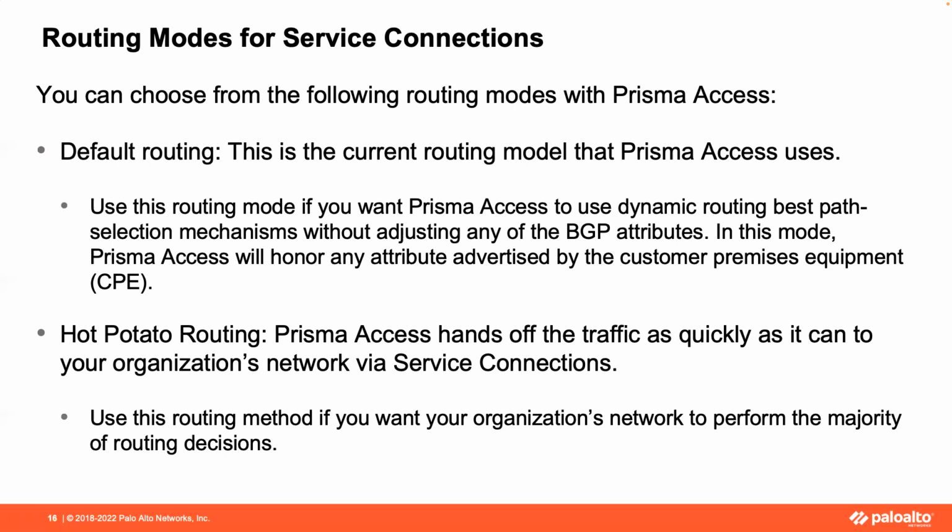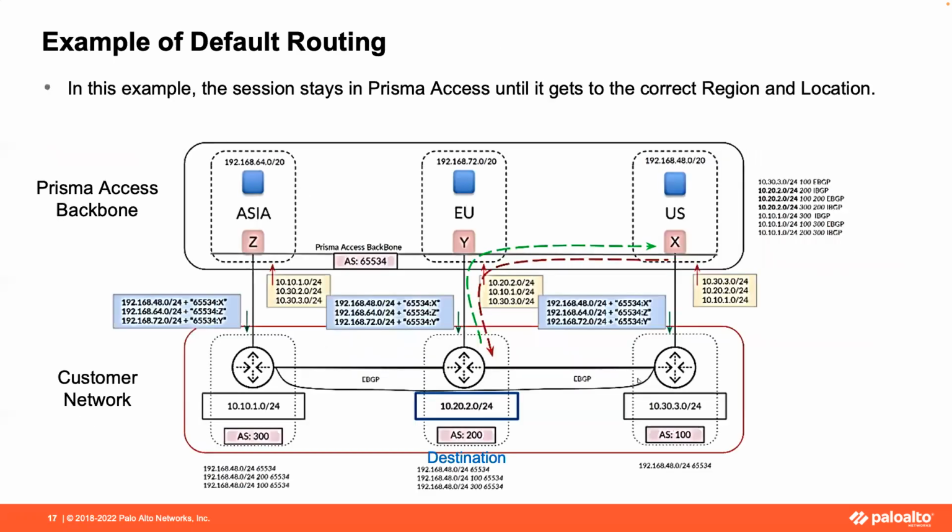So if you have a robust BGP routing infrastructure already, we can leverage that. What we do is we go down the nearest service connection and go down into your BGP infrastructure. Let your peers tell us where to go.